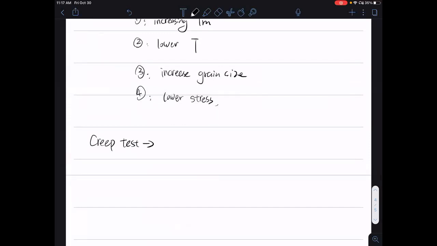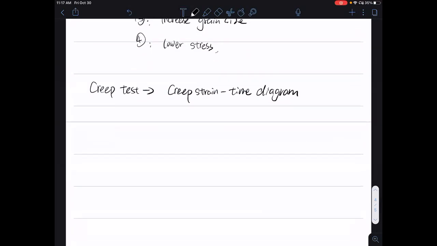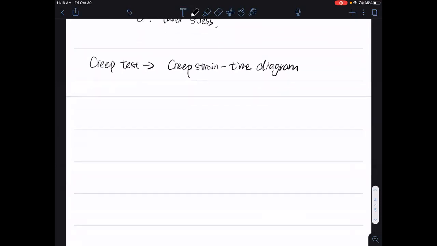The diagram is creep strain versus time diagram. So it's a strain, which is a change of deformation, versus time.